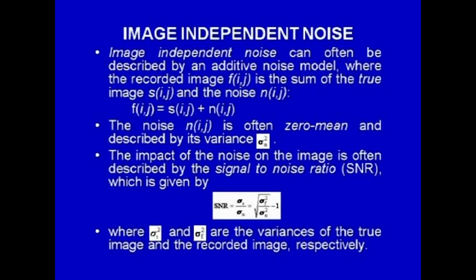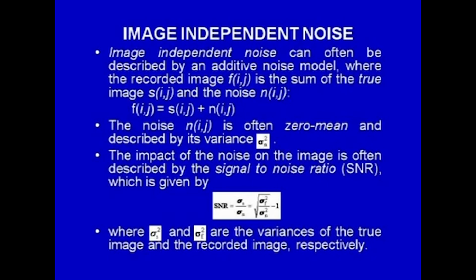So, what is image independent noise? Image independent noise can be described by an additive noise model, where the recorded image, represented by the function f(i, j), is the sum of the true image s(i, j) and the noise n(i, j), and can be represented by the equation f(i, j) = s(i, j) + n(i, j).